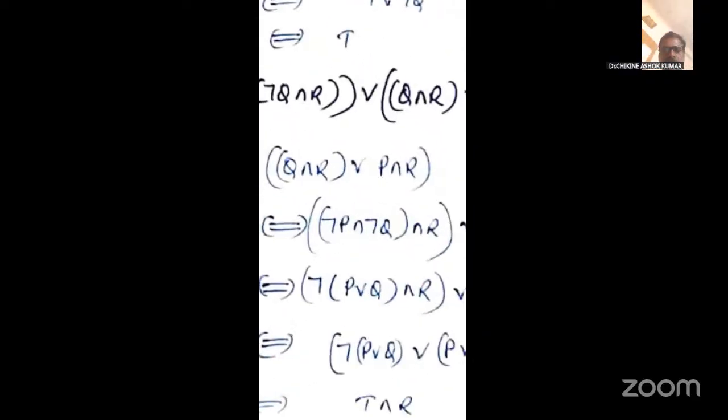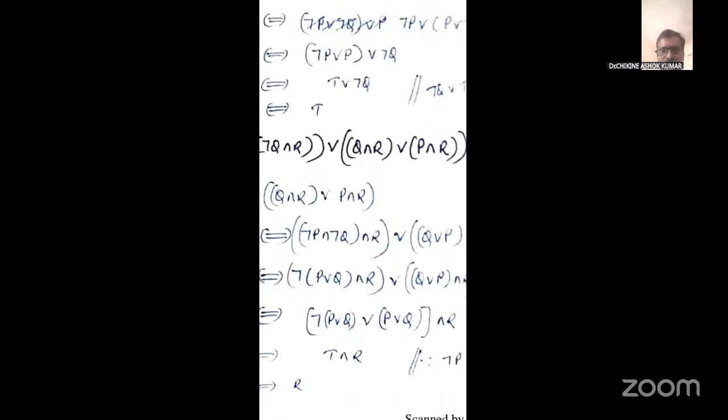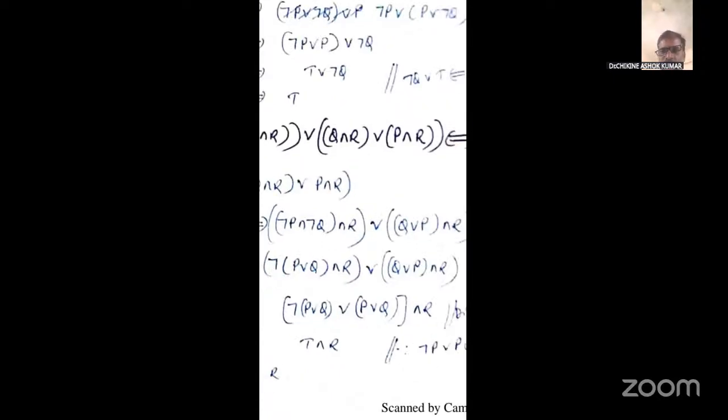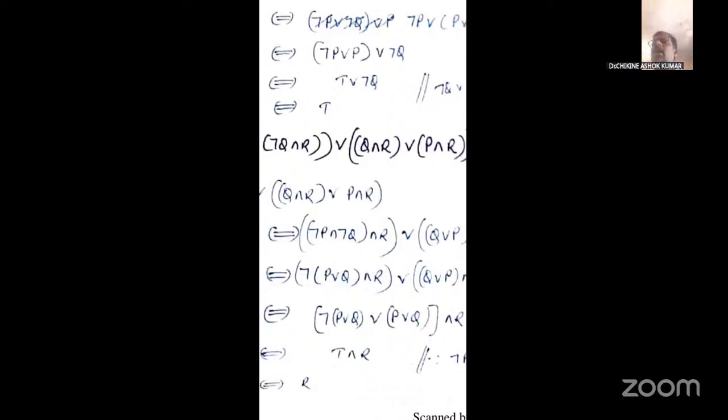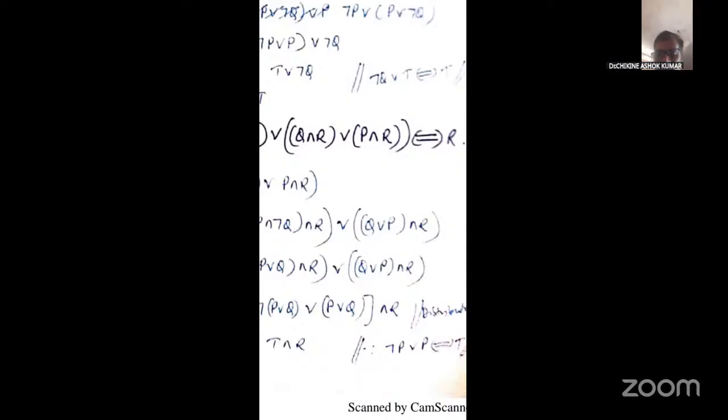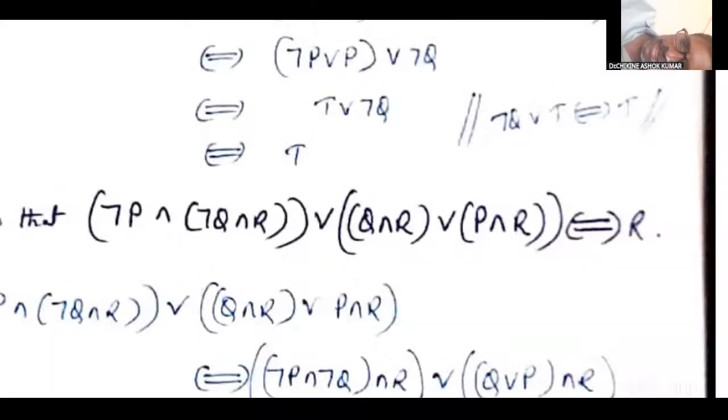Union, come to the second union, Q intersection R union P intersection R. In between these two, apply the distributive property. A intersection C union B intersection C can be written as A union B, intersection C. This is the right distributive law. So I'm applying the right distributive law for this.